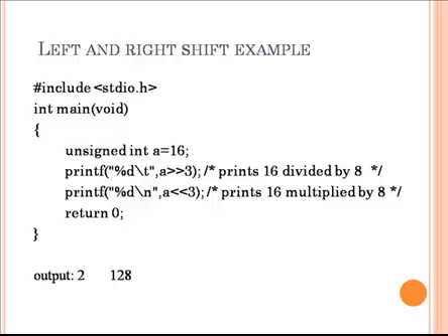That is, we will lose these 3 bit positions, and that many bit positions are padded with zeros at the leftmost end. 3 bit positions are vacant. These bit positions are padded with zeros. The answer is 2. Whenever you are performing A >> 3, the answer will become 2.